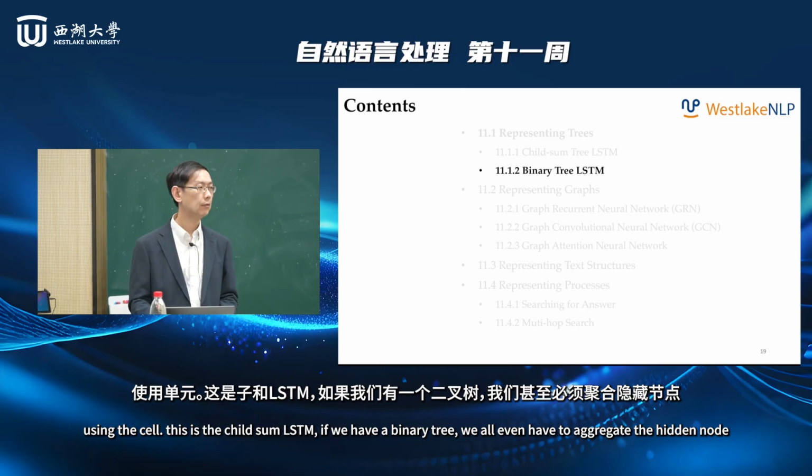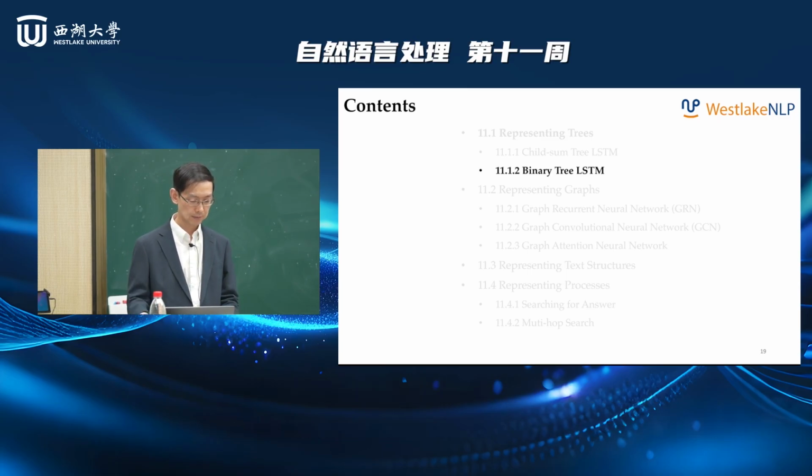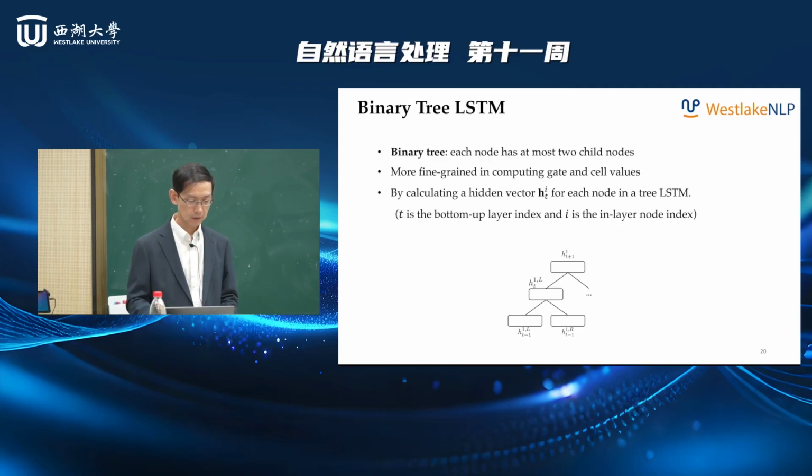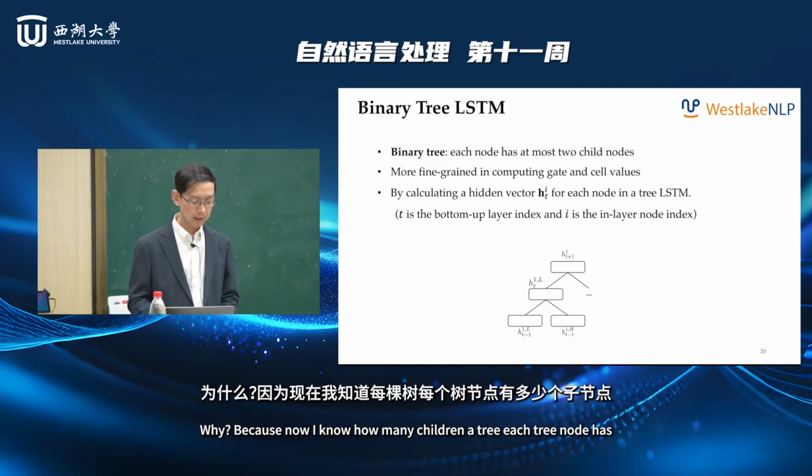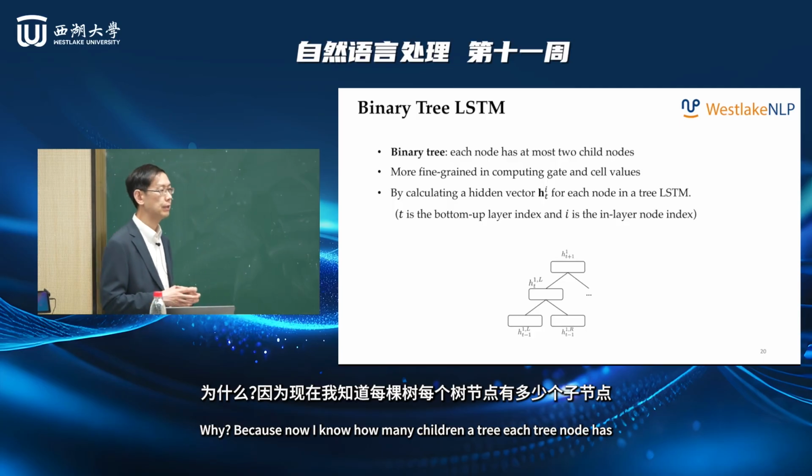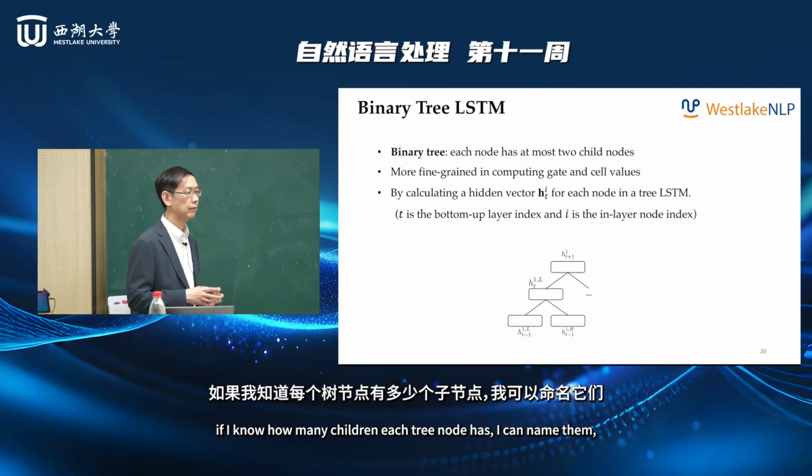If we have a binary tree, we don't even have to aggregate the hidden nodes. Why? Because now I know how many children each tree node has. If I know how many children each tree node has, I can name them, right?